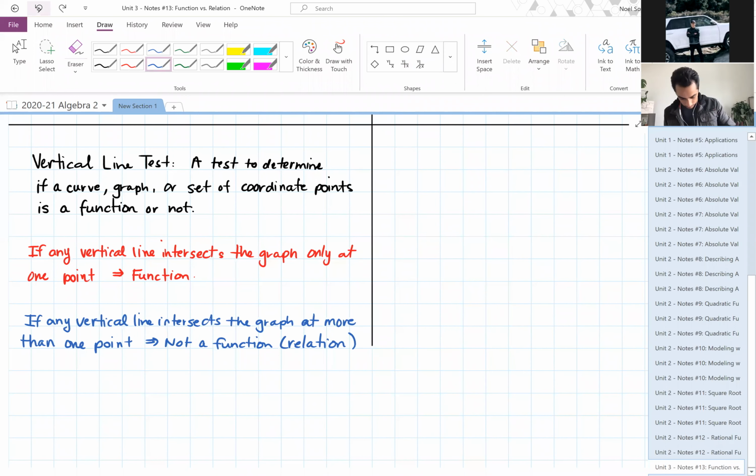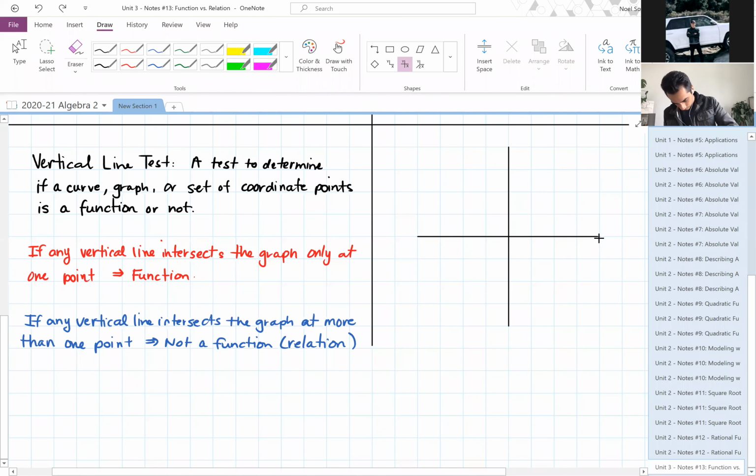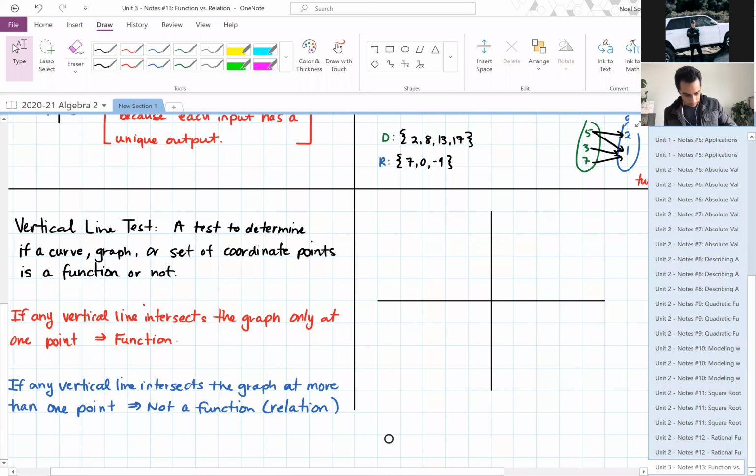Example 1, 2, 3, 4. Yeah, please draw it. I'm going to draw in the points and I'll label them.